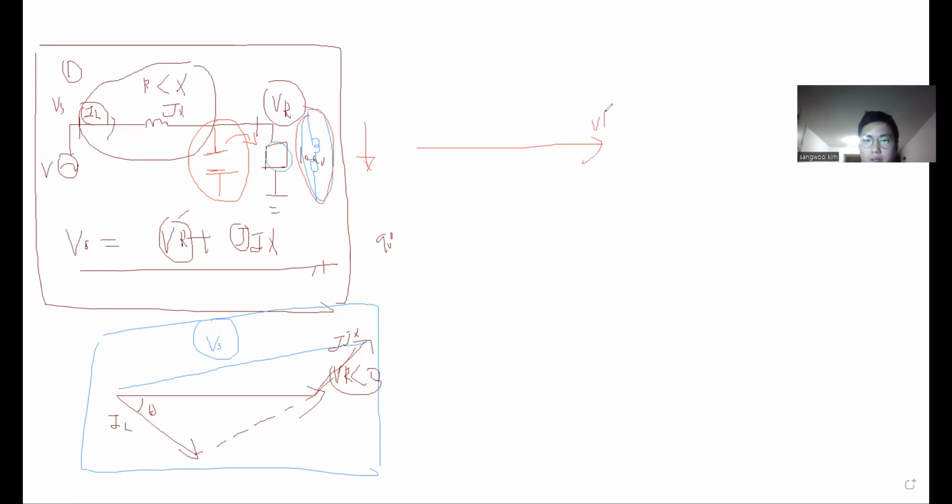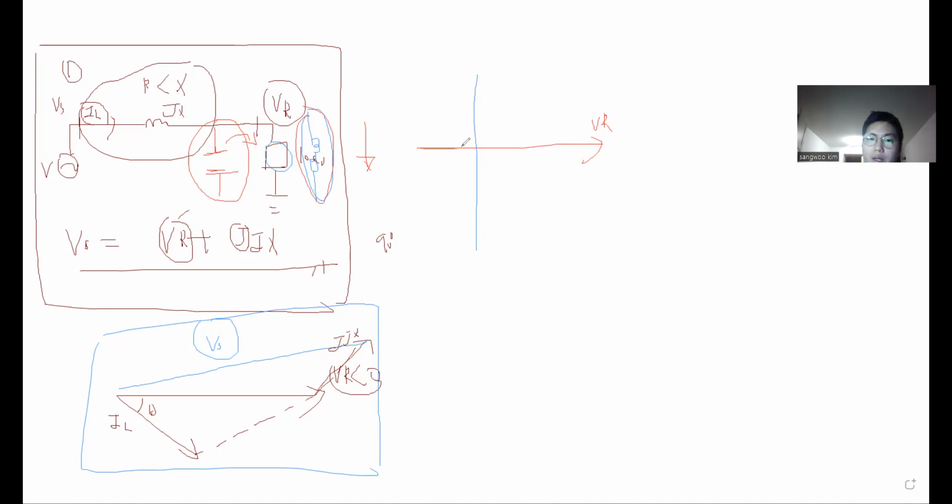So VR here, and then I. Then in the nighttime, first of all, we know that we don't use too much load, right? So what happens is this.